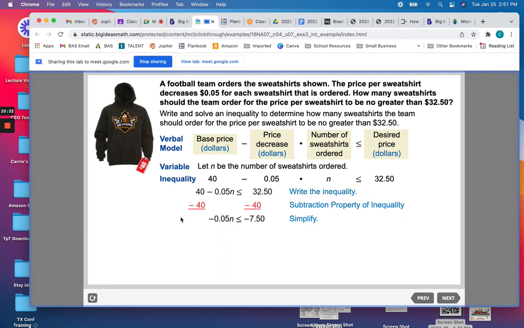Negative 7.50. Then I need to divide to move this 5 cents, right? So divide by negative 0.05 on both sides. A negative divided by a negative is a positive. What is 7.50 divided by 0.05?